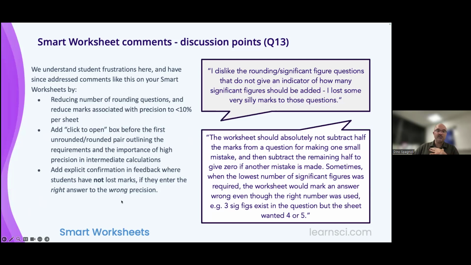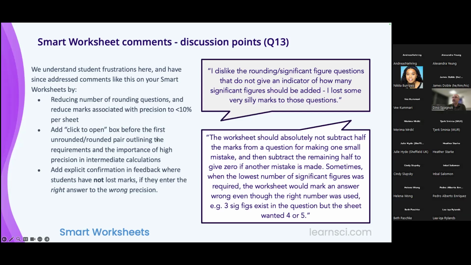That's why it's in the word significant figures. And so we did do a little bit of repair work on that to not reduce the entirety of the mark being lost at that point. And so, yeah, just a different way of assessing, and it was a costly way for us to assess students as well, which is always good for us.